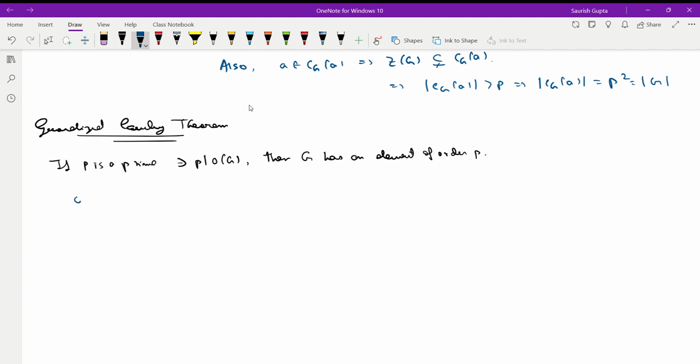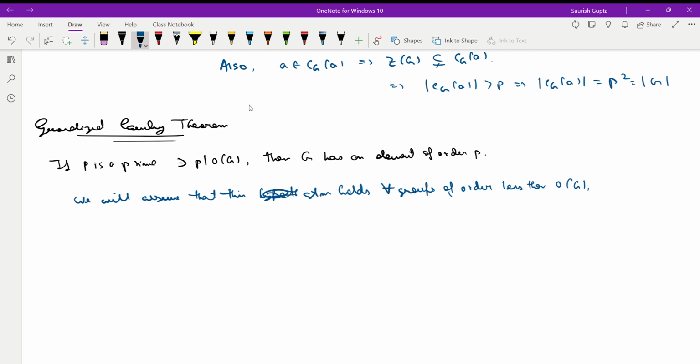What we will do is that we will assume that this hypothesis holds, or I should say the statement holds, for all groups of order less than the order of G, and then we prove it for the order of G. Now, obviously, we can consider this hypothesis because this statement trivially holds true for order of G being 2.